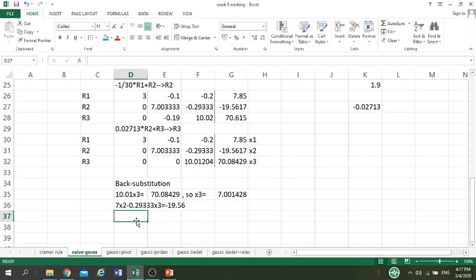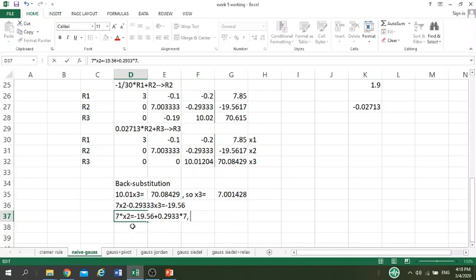Now x2 equals minus 19.56 plus, I bring this value to the right-hand side, 0.2933 times x3, 7.